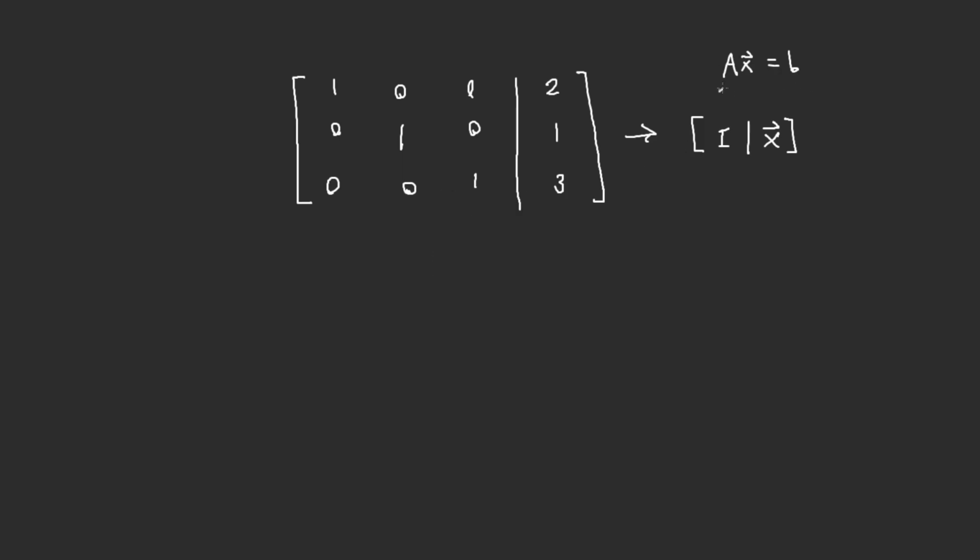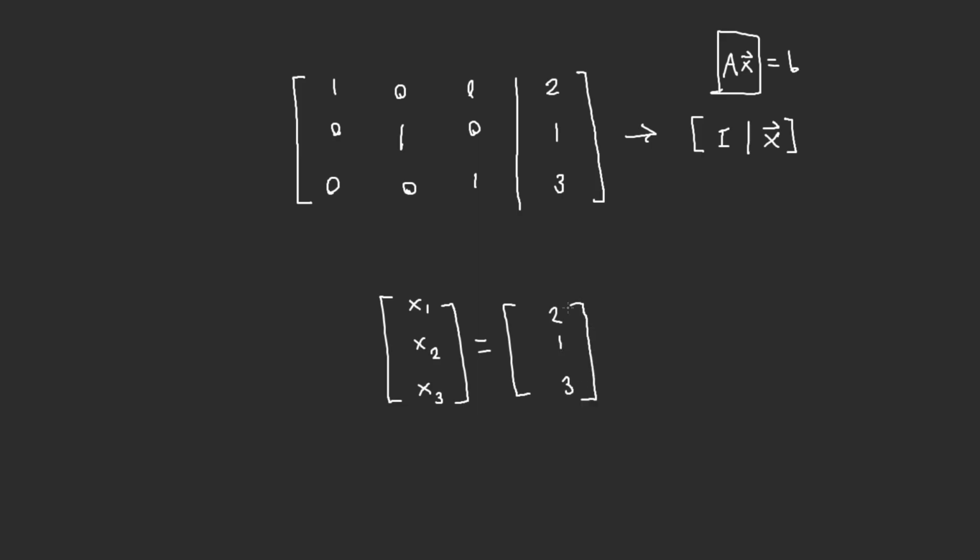If I were to carry out this multiplication here, this would just be a vector x1, x2, and x3. It's just the identity times x1, x2, x3. It doesn't change. And so that's telling us that this equals 2, 1, 3. And so this is another way to solve the system.